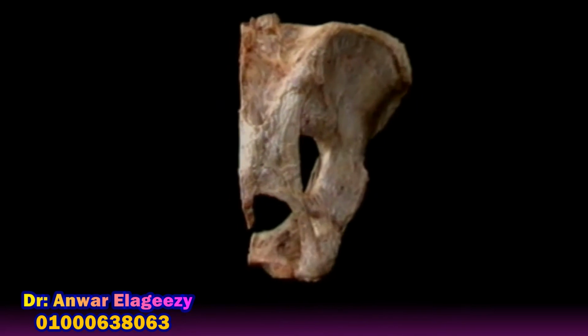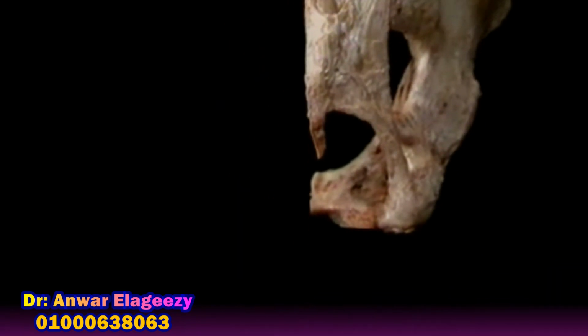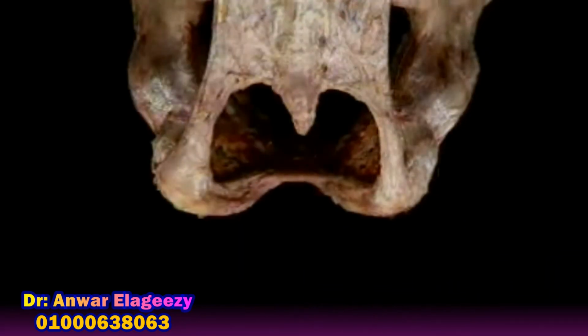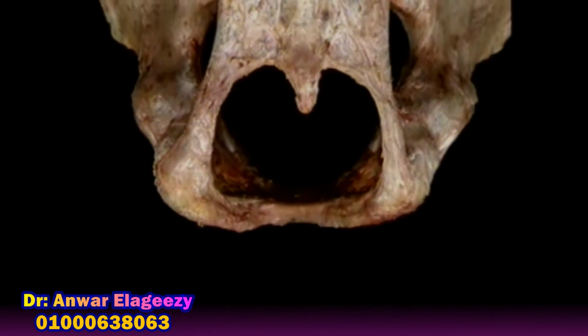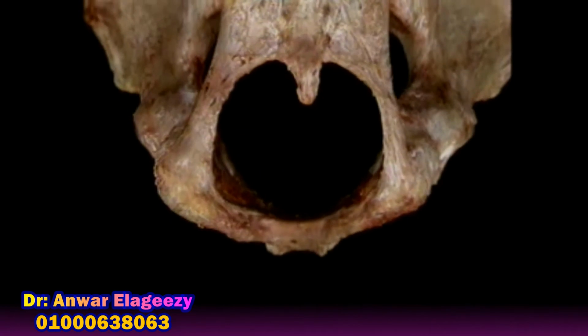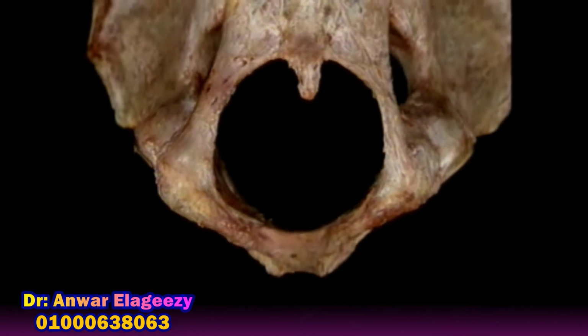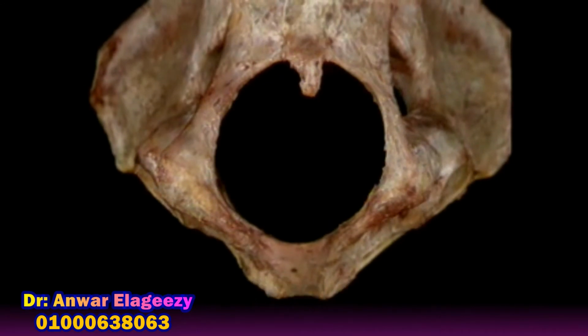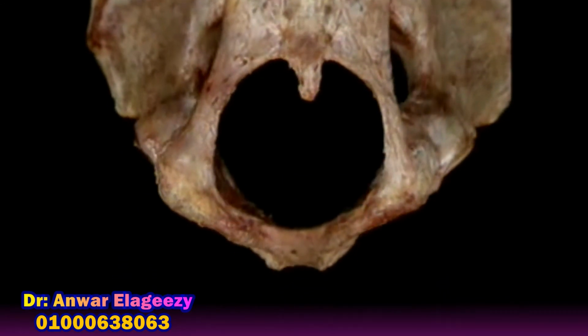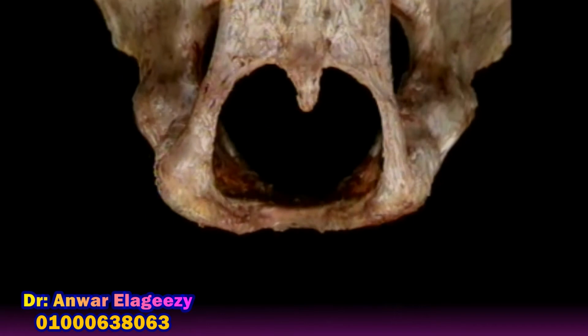Let's take a look at a complete pelvic specimen from behind and from below. The sacrotuberous ligaments behind and the ischiopubic rami in front form the boundaries of an opening beneath the pelvis that's called the inferior pelvic aperture. Seen from beneath, the opening looks like an ellipse, but it's not a flat ellipse.